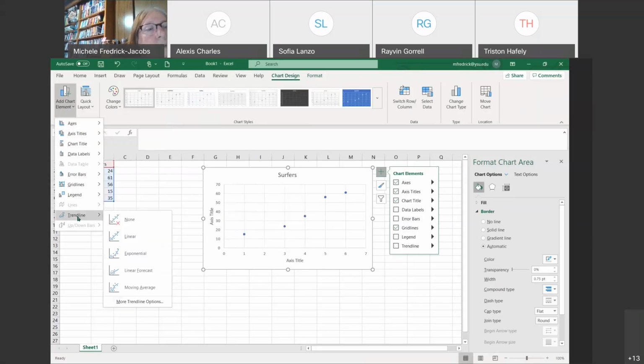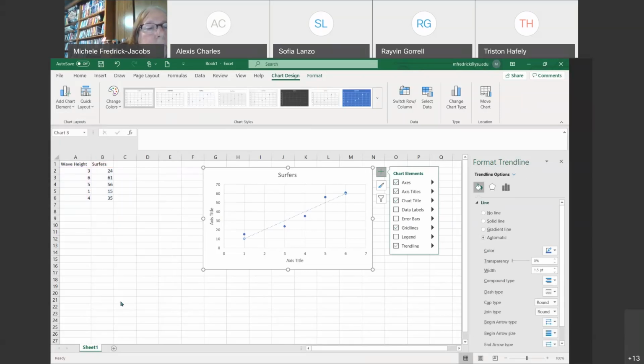And then down to trend line. So add chart element, down to trend line, and then more options. So either case, you go all the way down to trend line and then more options. And when you do that, this pops up. Now, we don't want this one. The one we want shows a bunch of little graphs, and that's this one here.